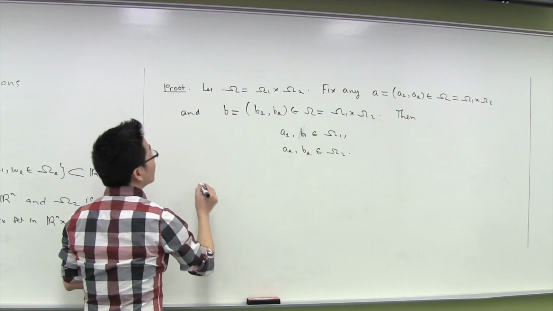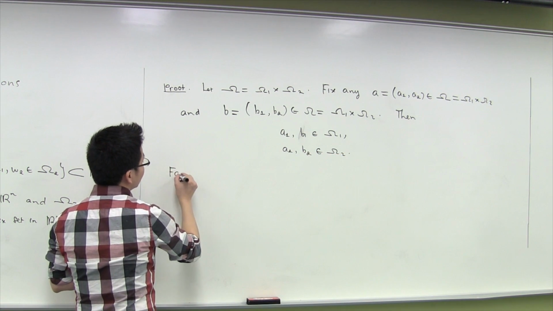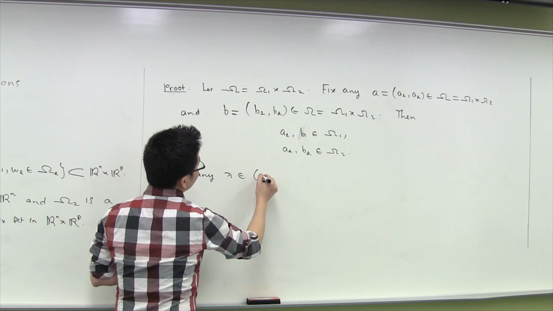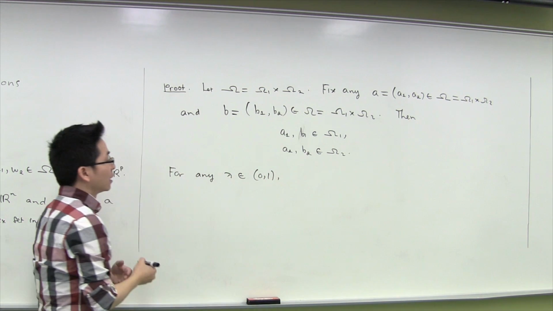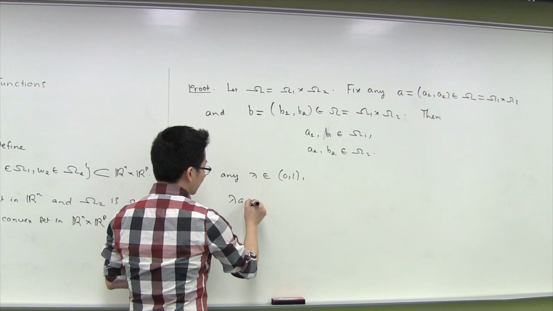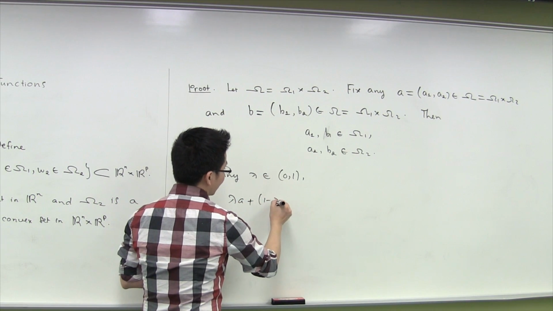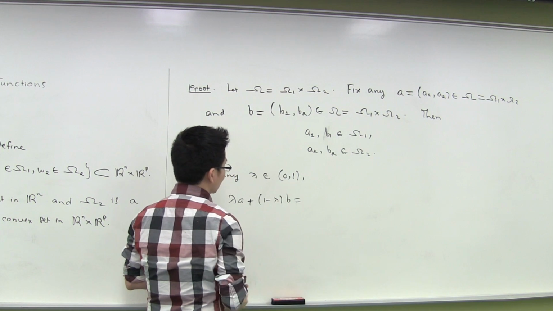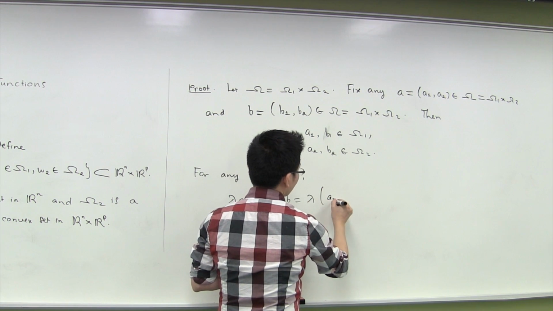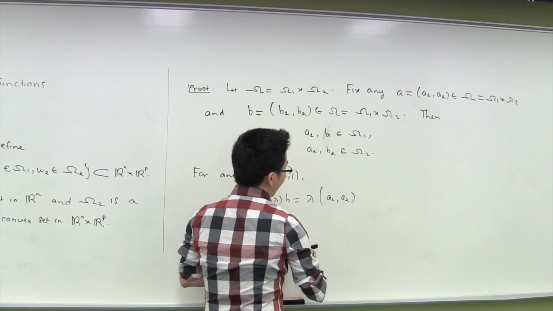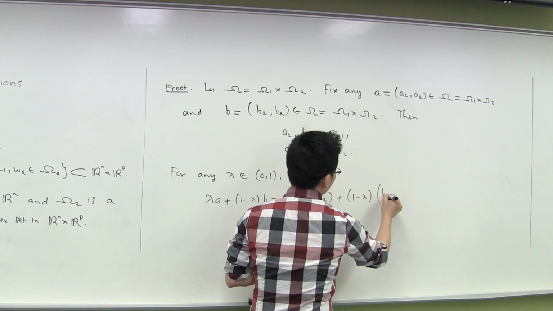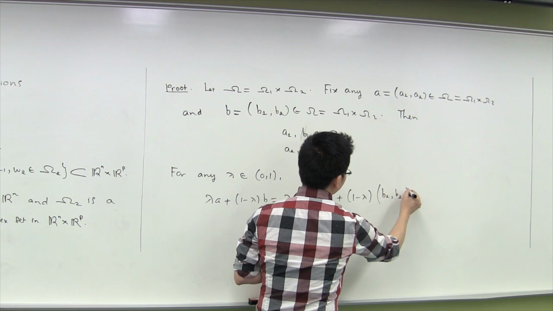Okay, now for any lambda in the open interval (0, 1), we see that lambda A plus (1 minus lambda) B is equal to lambda times (A1, A2) plus (1 minus lambda) times (B1, B2).